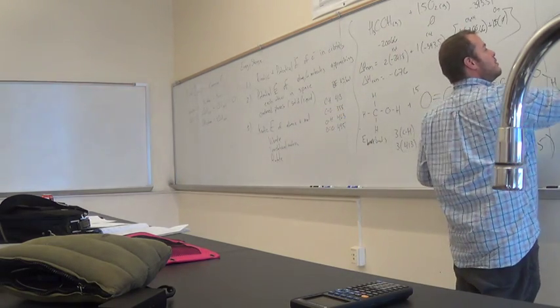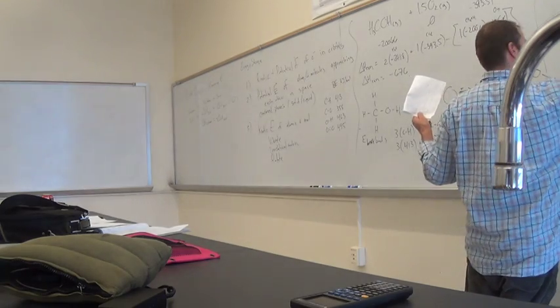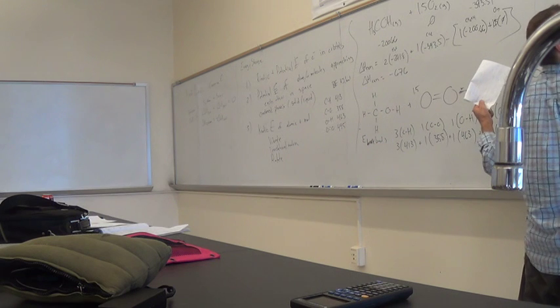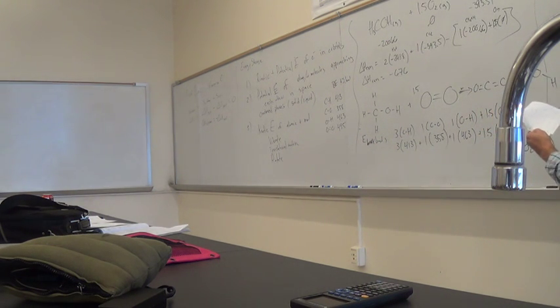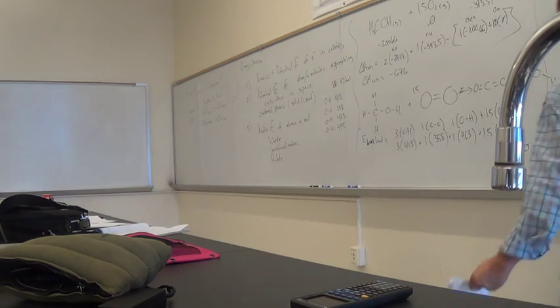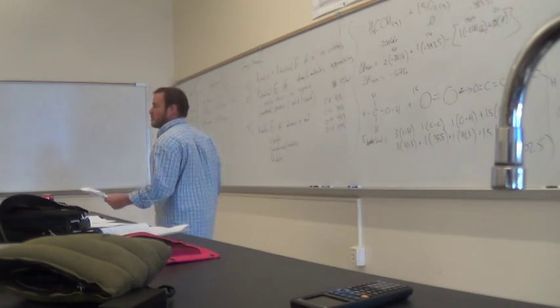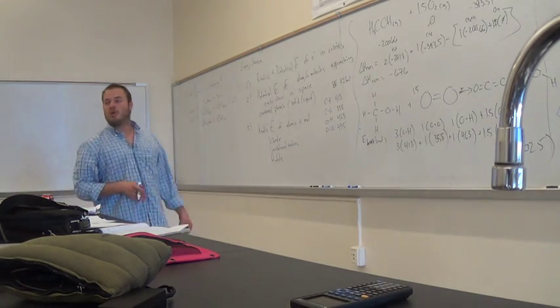So delta bond energy is going to be positive 2802 plus a negative 3338, which is about negative 535, which is a number that's similar in magnitude to what we got just from looking at the formation energies of the actual molecules.